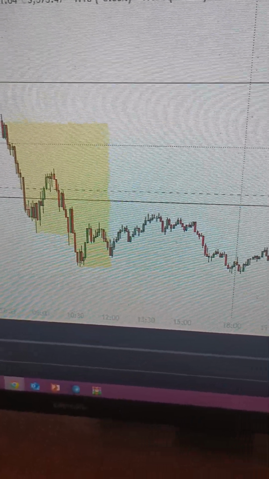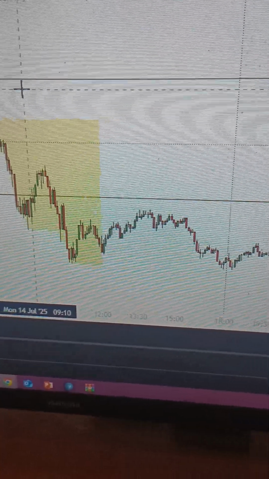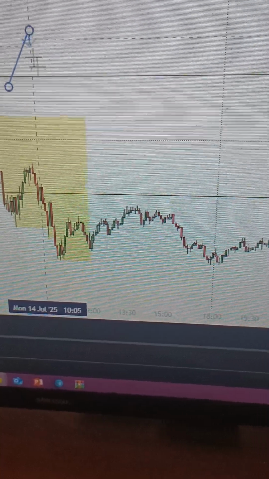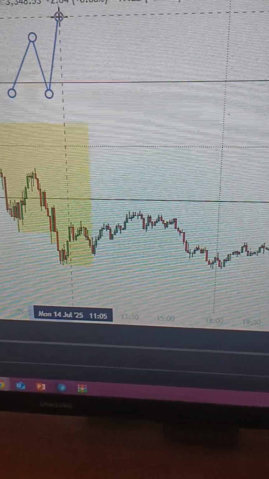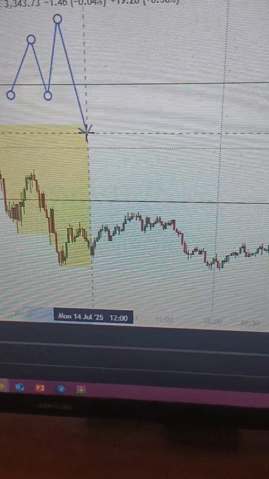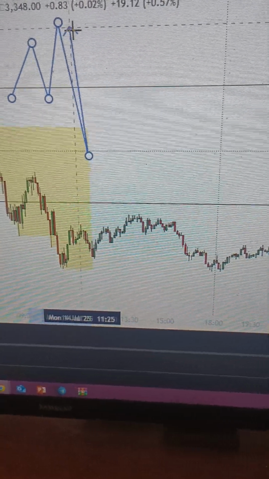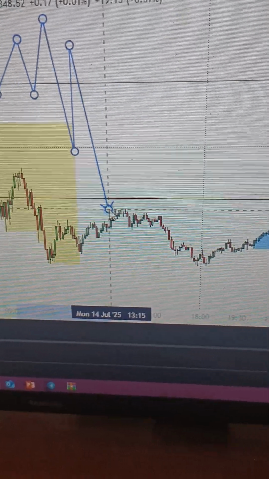What we are looking for is a pattern like this. Let's say the market was going up, forming higher high, higher low, and then we encountered the Asian session, we break structure, and then we come back to either the OB or the FVG to continue the downward momentum.